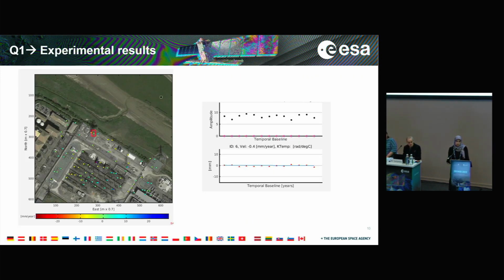Also, this is a velocity map of a very small area, and we looked at the amplitude time series and deformation time series of the same pixel. As you can see, there isn't any specific deformation event for that pixel.